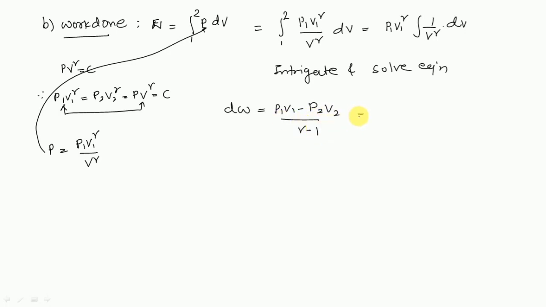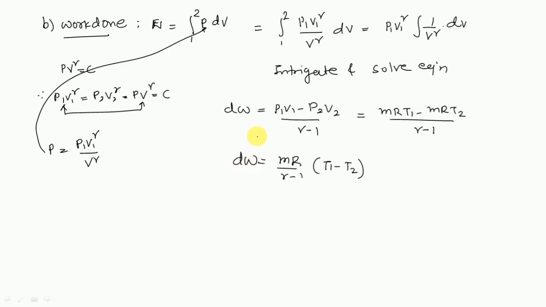That's why we can write PV = mRT. So (mRT1 - mRT2)/(γ - 1). If we take mR common, then W = mR/(γ - 1) × (T1 - T2). So this is the relation of work done for the reversible adiabatic process.